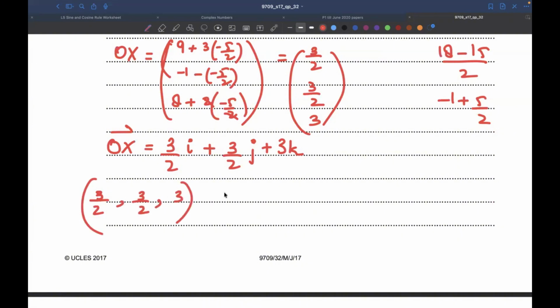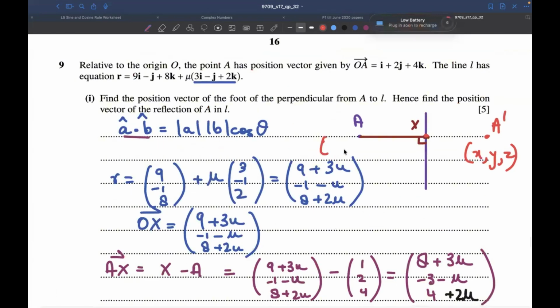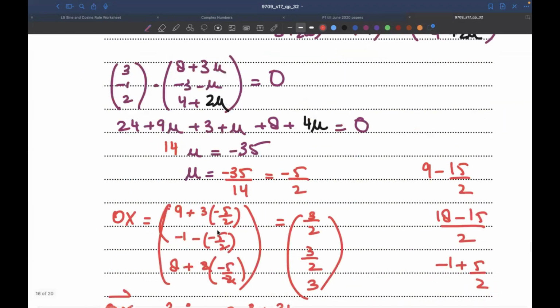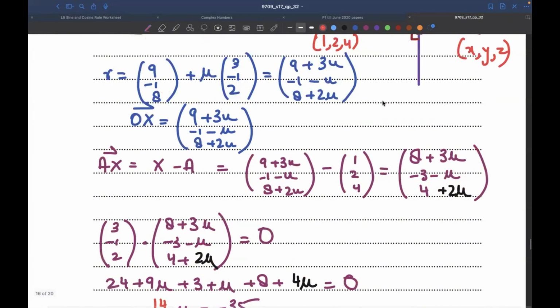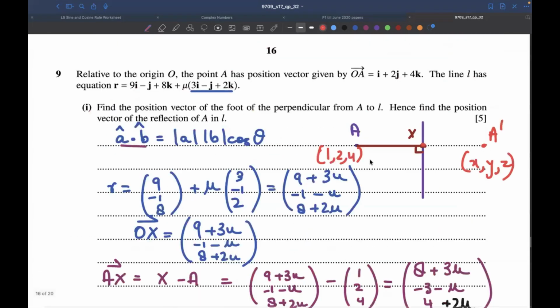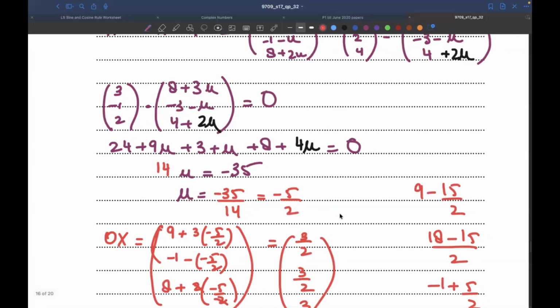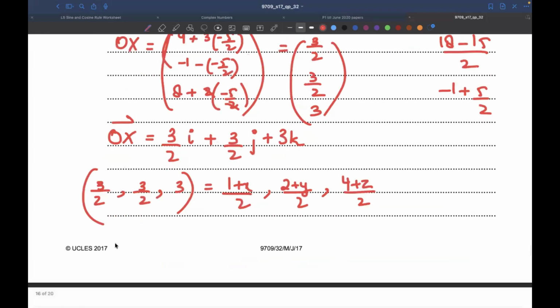Now to find the midpoint, we can write this as X, Y and Z over here, and A coordinates are 1, 2 and 4. So 1 plus X upon 2, comma, 2 plus Y upon 2, and 4 plus Z upon 2. We're simply using the midpoint formula. Now solving each of these equations: 3 upon 2 equals 1 plus X upon 2. 2 and 2 cancel, so X equals 2.